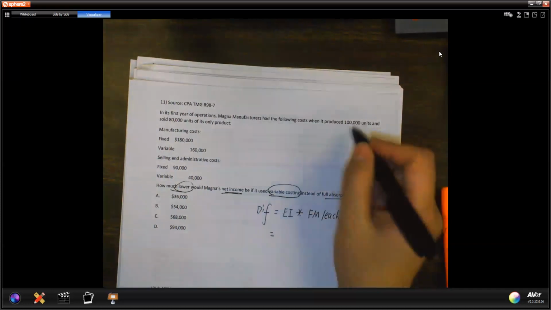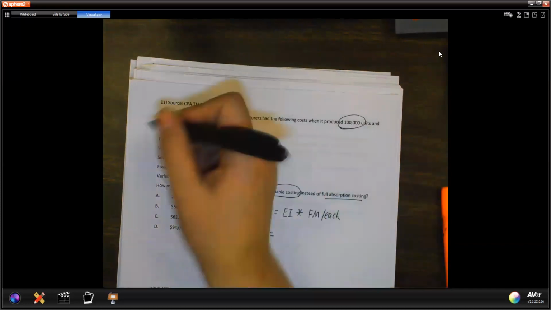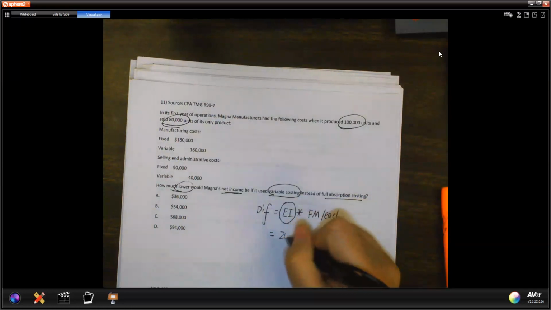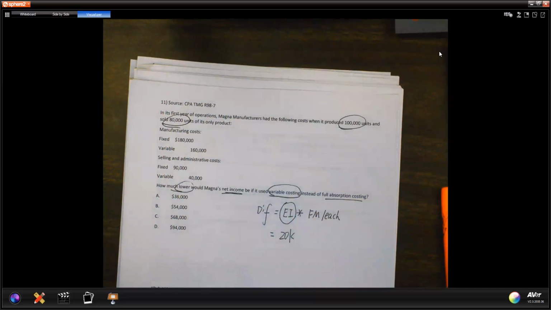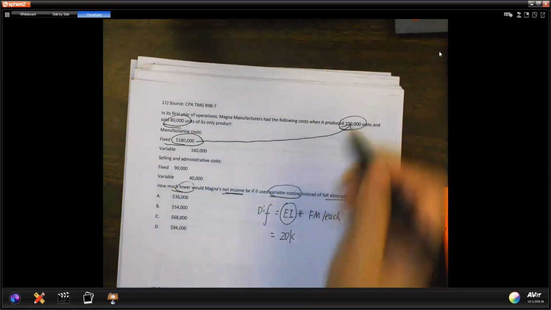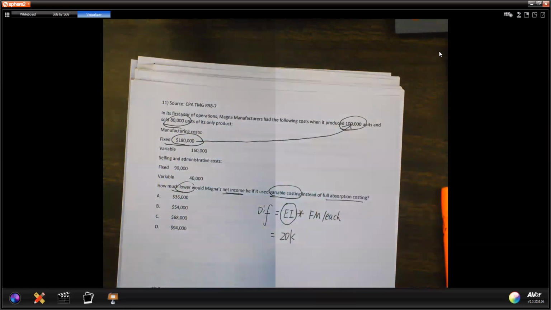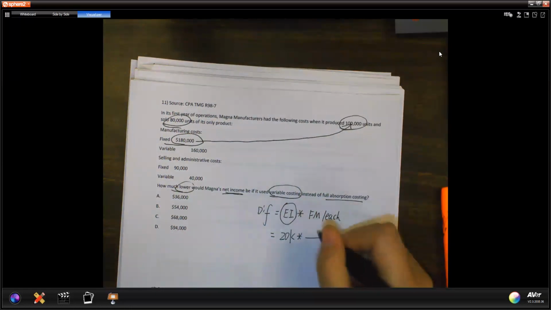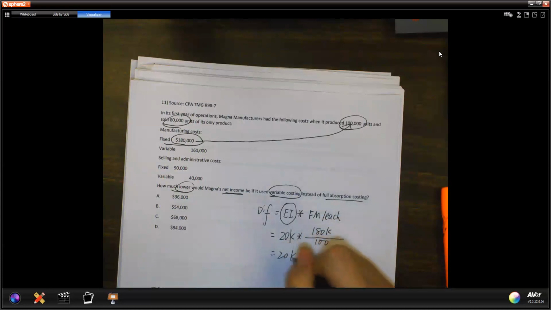You produced 100,000 units, you sold 80,000, so your ending inventory will be 20,000 units. How about our allocated fixed manufacturing cost? Your total is 180,000, and you used that to produce 100,000 units. So your allocated fixed manufacturing cost will be $1.8 for each one.